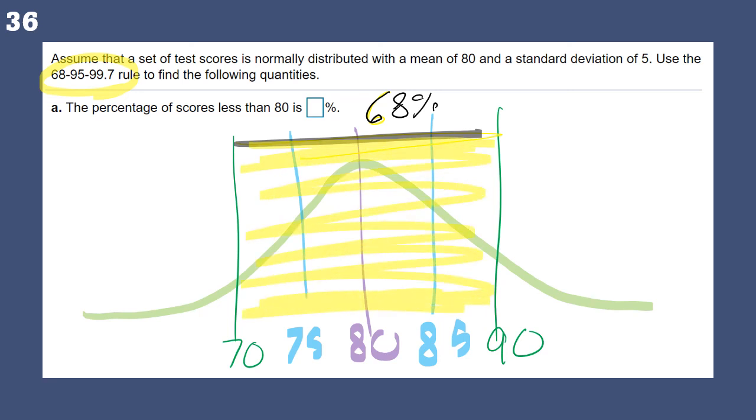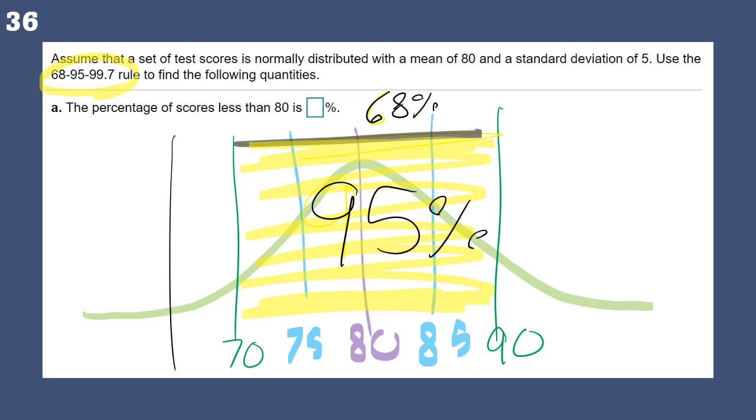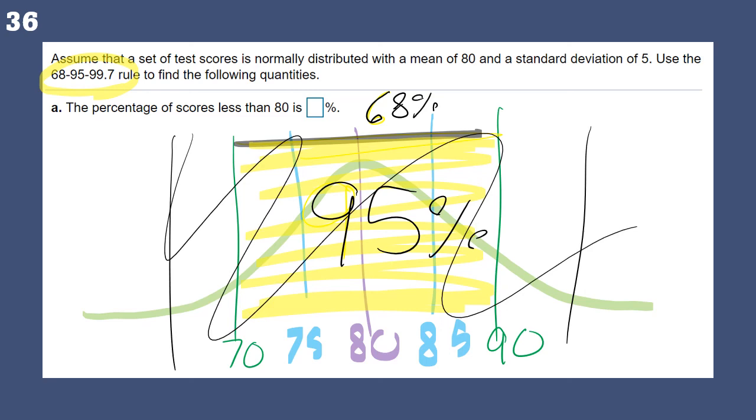Okay, so since we've gone plus or minus 2 standard deviations, we say that our answer is 95. And then you'll notice that if we go all the way out to 95 and 65, in other words, we go plus or minus 3 standard deviations, well, then that big amount is going to be 99.7.